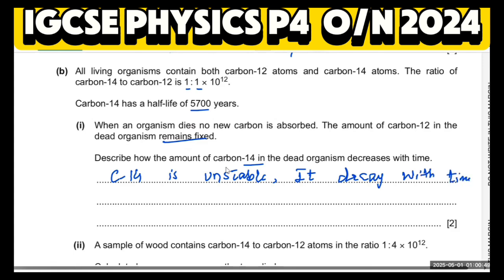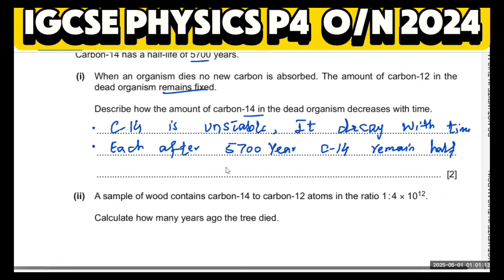And after each half-life, what is half-life? 5,700 years, carbon 14 remains half in its atoms. So 2 marks, 2 points.